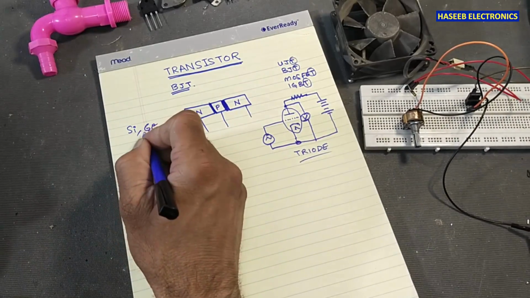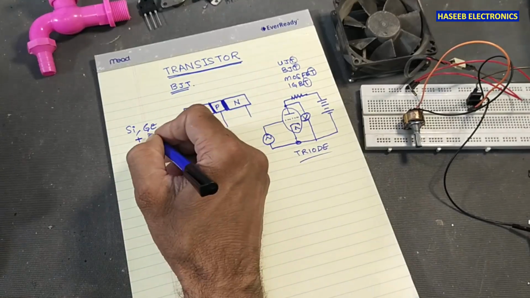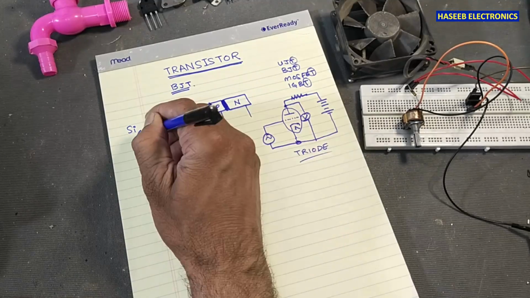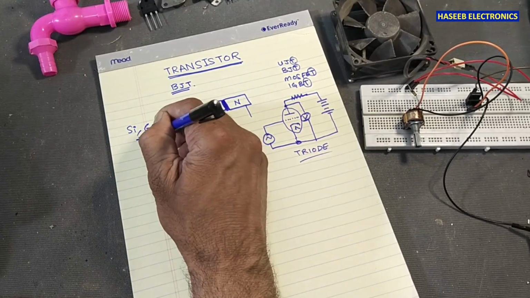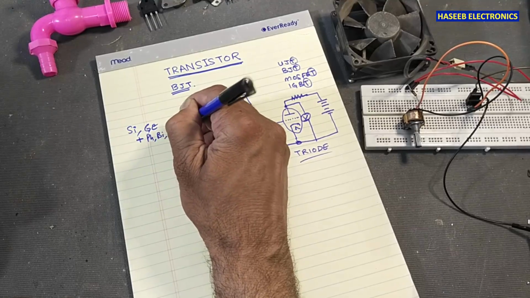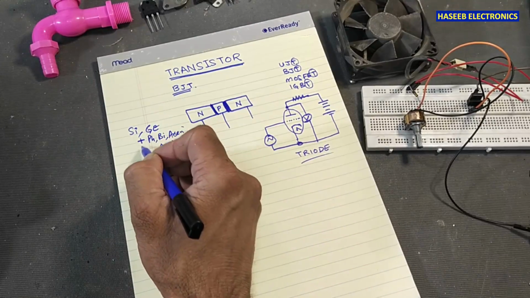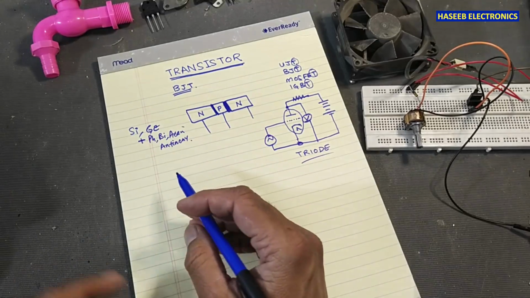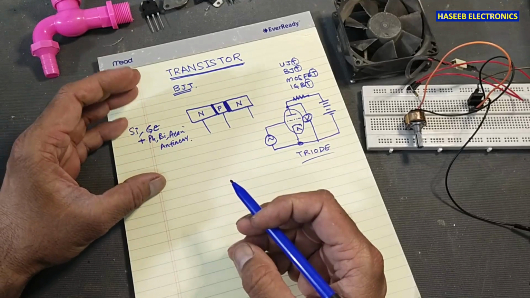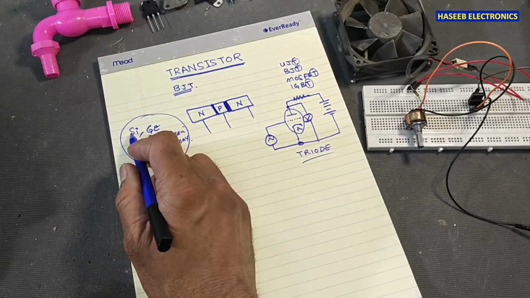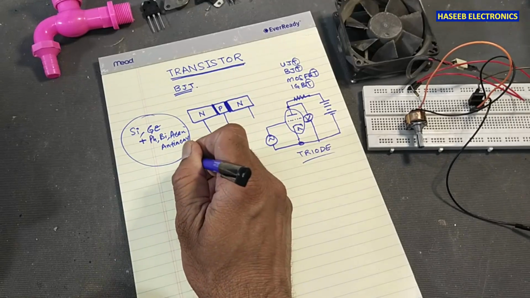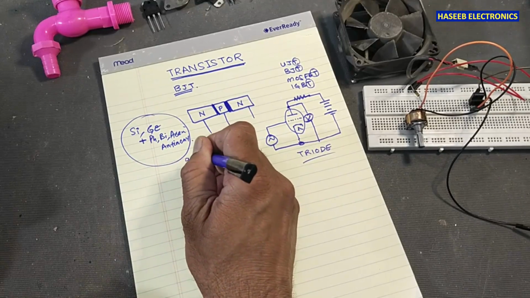When it is doped with a pentavalent material such as phosphorus, bismuth, arsenic, or antimony, which have 5 electrons in the outer shell, 4 plus 5 makes 9 electrons in the outer shell.